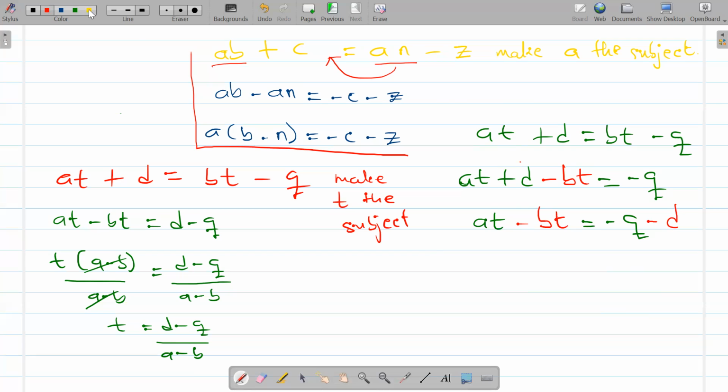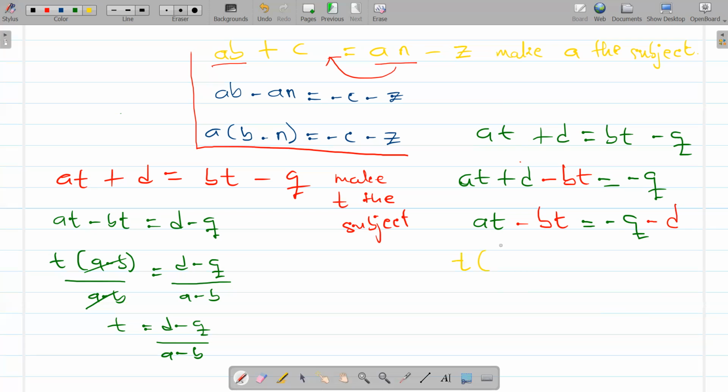Okay. So now it's time for me to factorize. So T is common to both sides, right? So my T will come out. Now, what am I looking for? You are looking for T. Okay, good. So now T comes out.